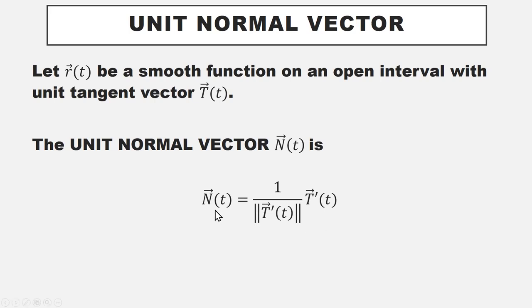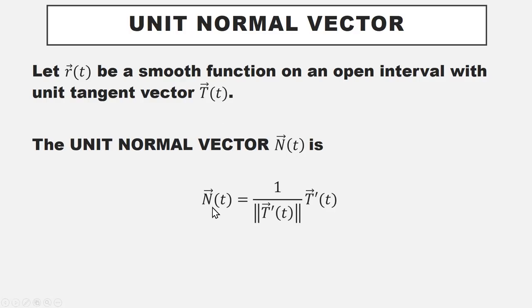The unit normal vector comes from taking the derivative of a vector of constant length. Remember, our unit tangent vector always has to have length 1. Since we forced our unit tangent vector to have length 1, the unit normal vector comes from the derivative of constant length.